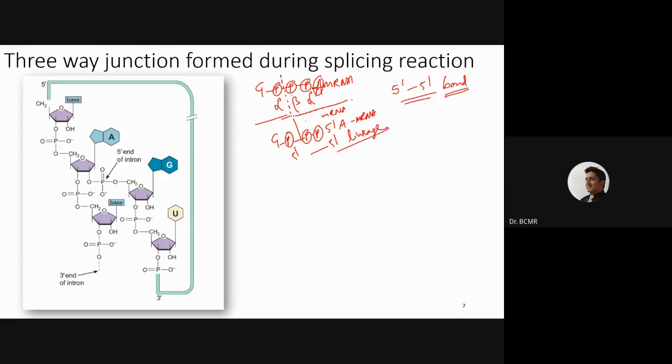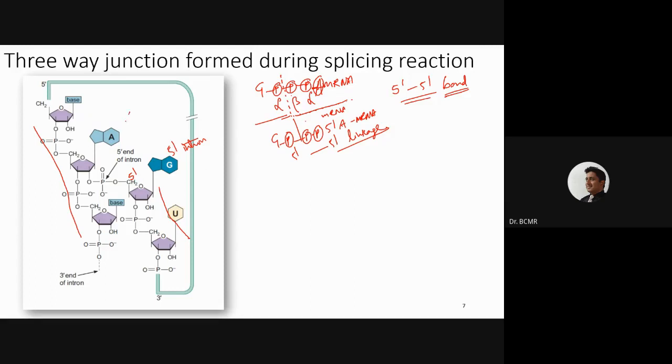What do you see here? This is straight RNA and the rest of it is also RNA, and this is also fine. What is different is this is the 5' carbon of this guanine, which is on the 5' side of the intron, but it made an ester linkage with the adenine at the branch point.